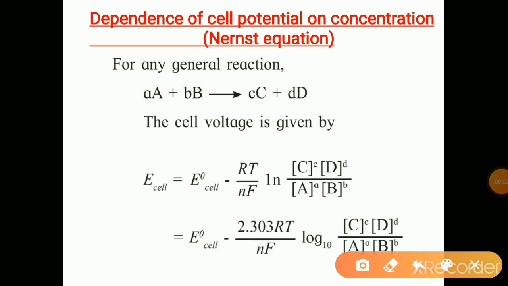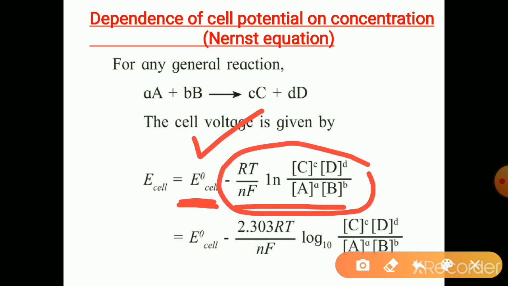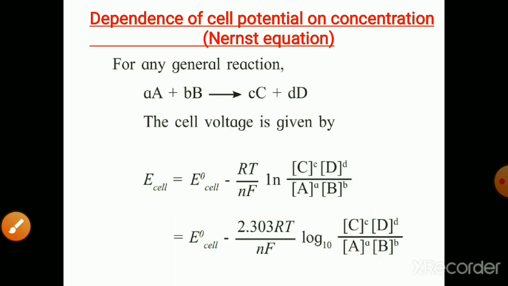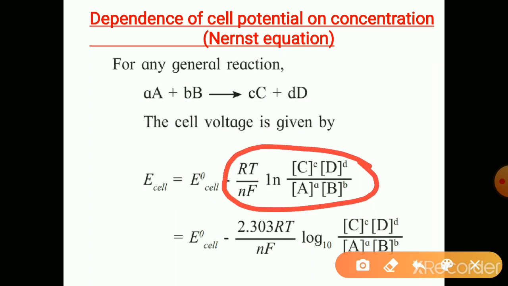In this equation, the first term is the standard potential of the cell, the potential in the standard state electrochemical condition, and the second term is the correction term for non-standard state electrochemical conditions.